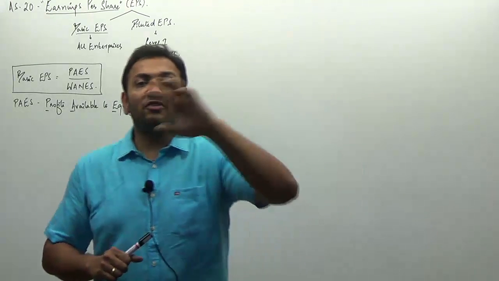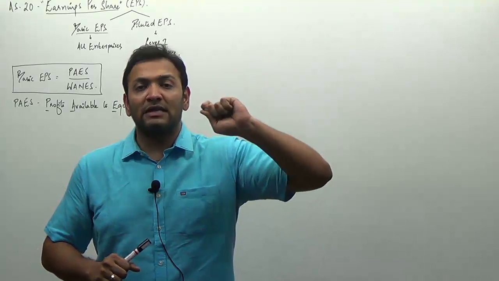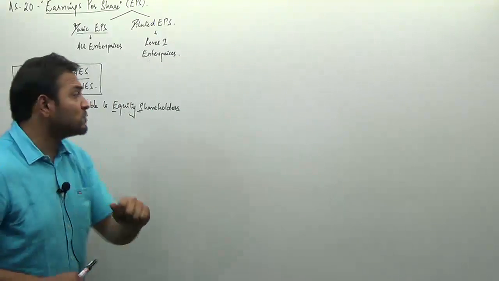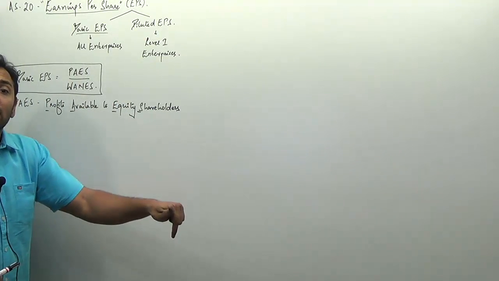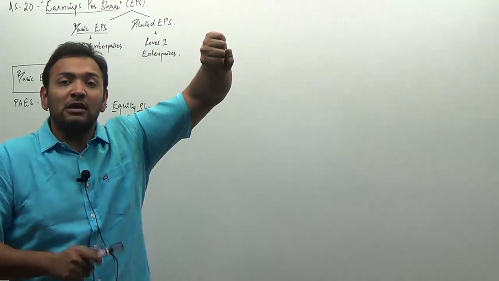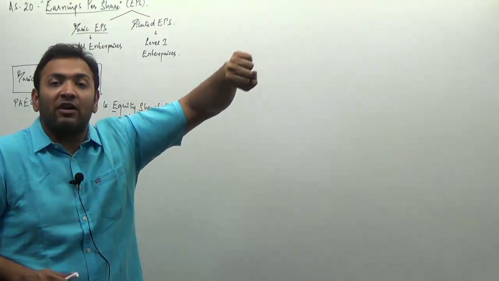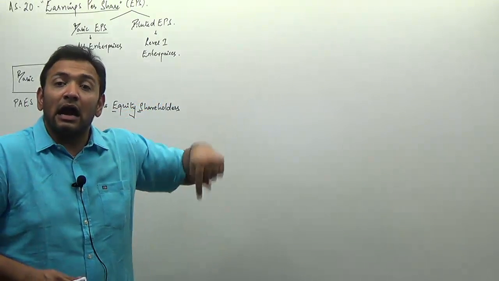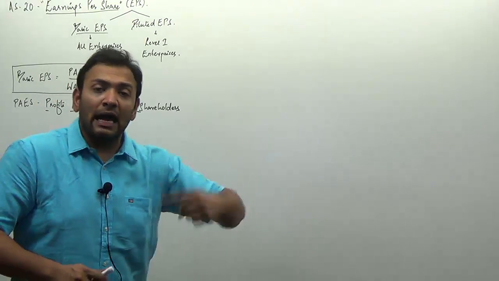However, that net profit which belongs to shareholders, I have two types of shareholders. One is a preference shareholder and one is an equity shareholder. Here I am very specifically talking about such profits which are available only to equity. That means my net profit belongs to both equity as well as preference. If I want to calculate only this part of equity shareholders' net profit, then I'll have to deduct the preference shareholders' net profit out of your entire net profit.